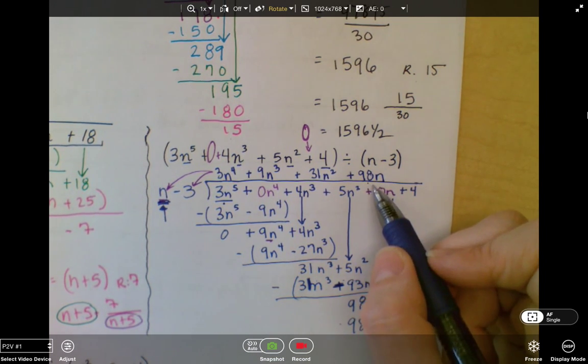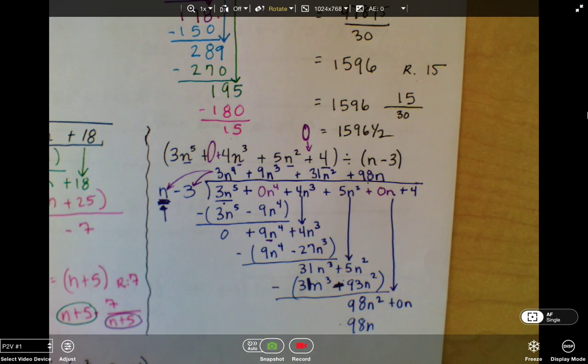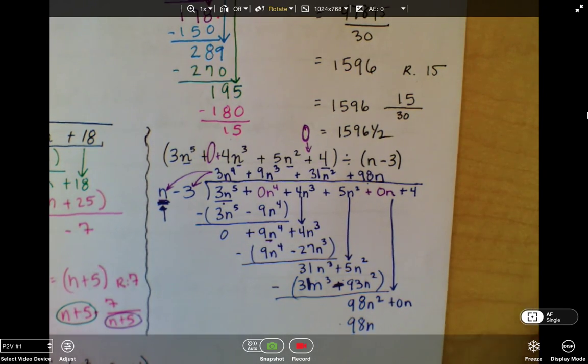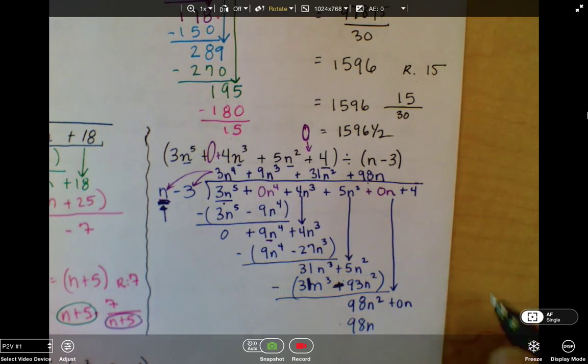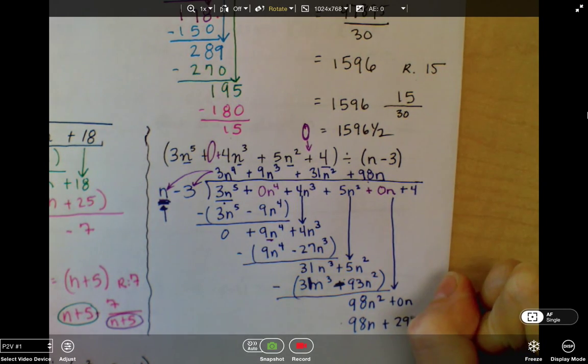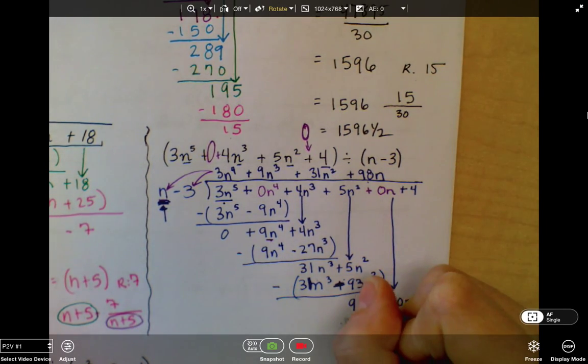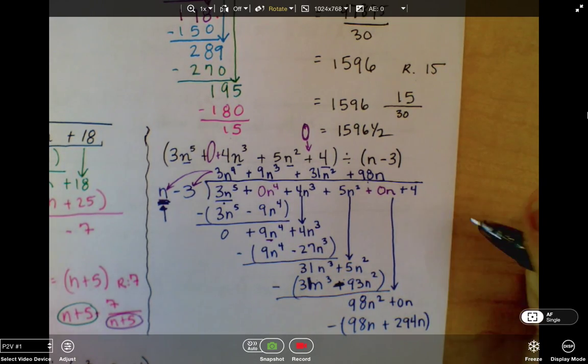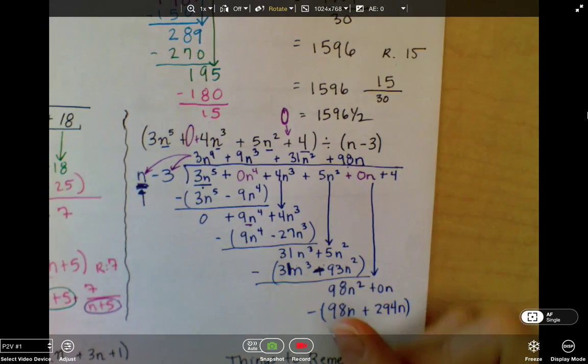And then 98 times 3 is 6 less than 300, just 294. You're welcome to correct me in the comment section if you want. You'll notice that I turned it off, therefore no corrections.